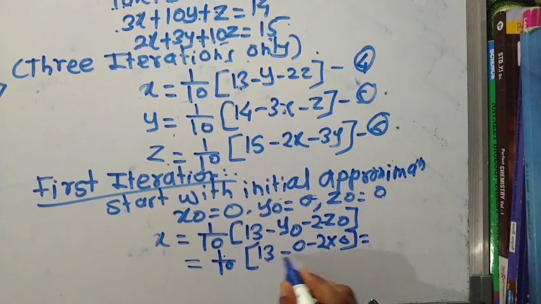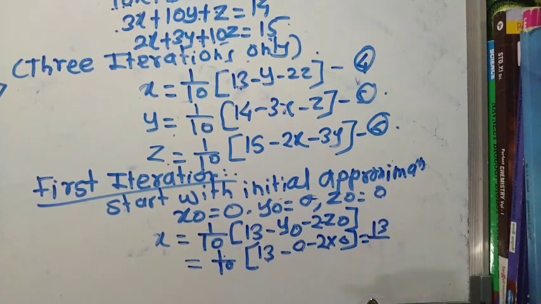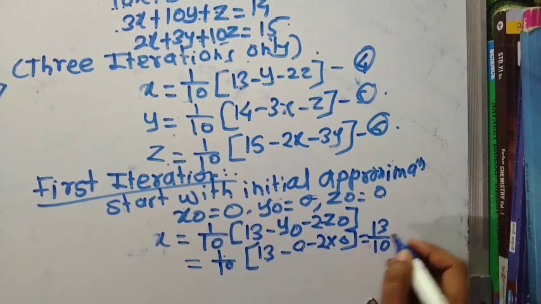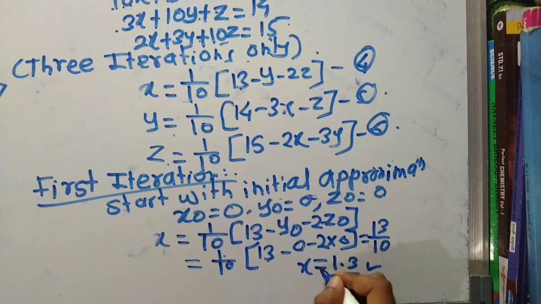So 13 minus 0 is 13, divided by 10, is equal to 1.3. x1 is equal to 1.3.